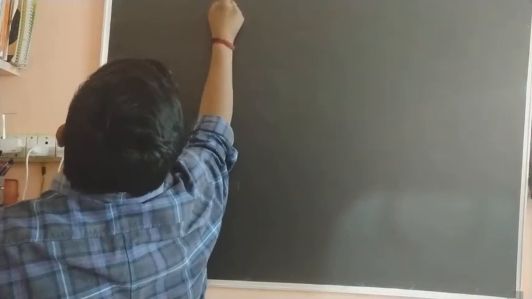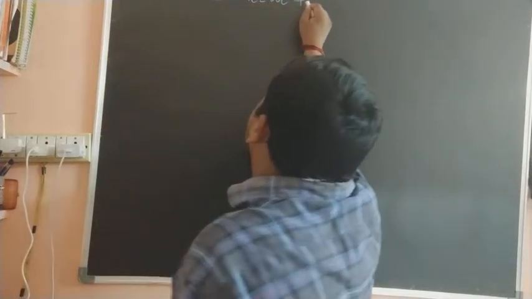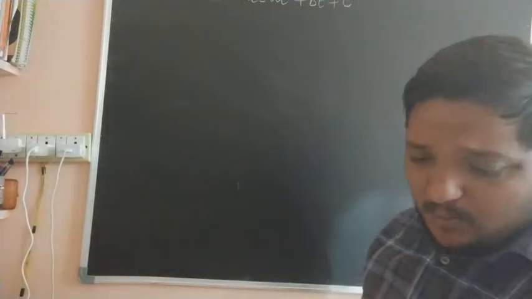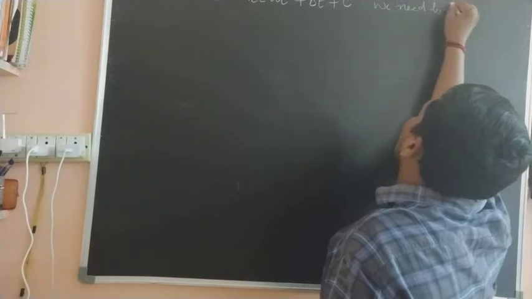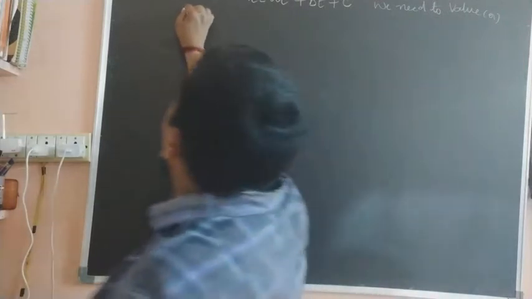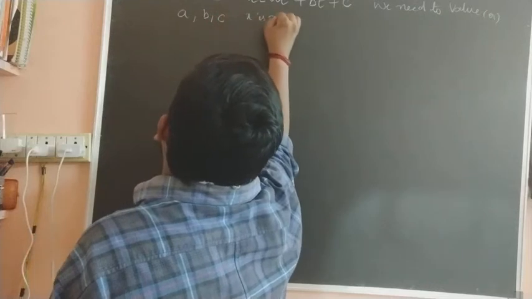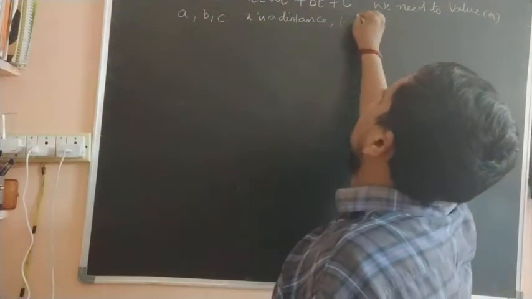Problem number 1. x is equal to at square plus bt plus c is the position of an object, where we need to find the dimensions of A, B, C, where x is a distance and t is a time.